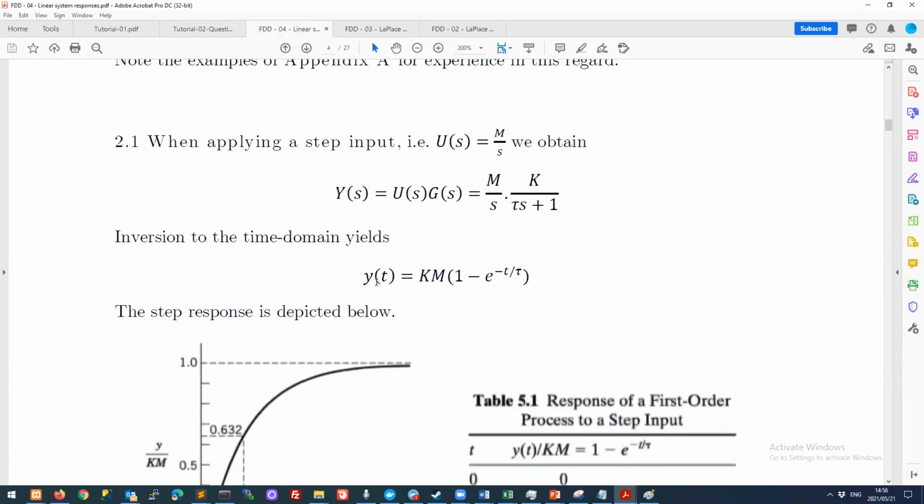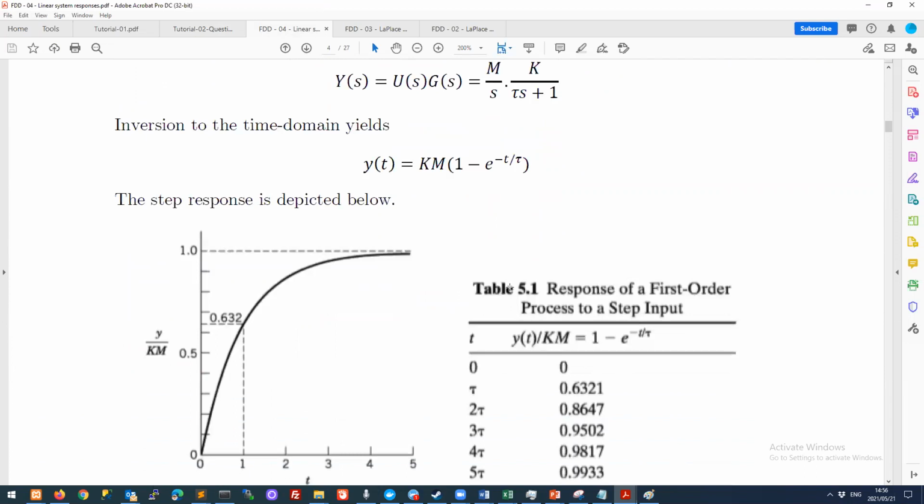So now we have the response here. And if you think about it, this is now completely abstracted from the chemical nature of the problem, right? As long as the process is first order, it's going to behave like this. So you've effectively studied all first order systems in one shot, right?